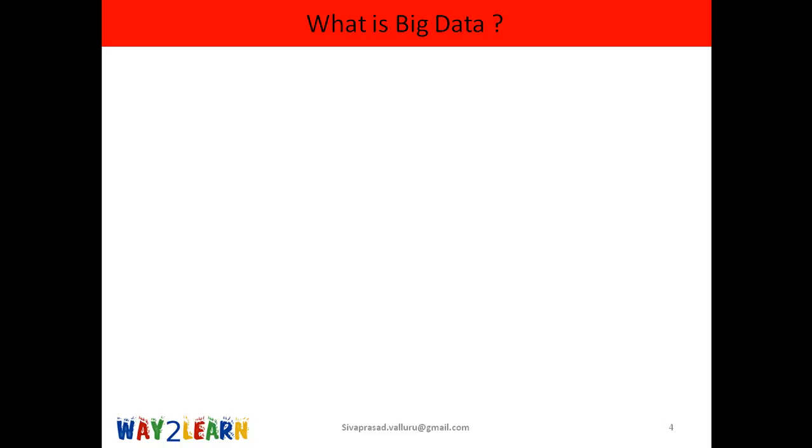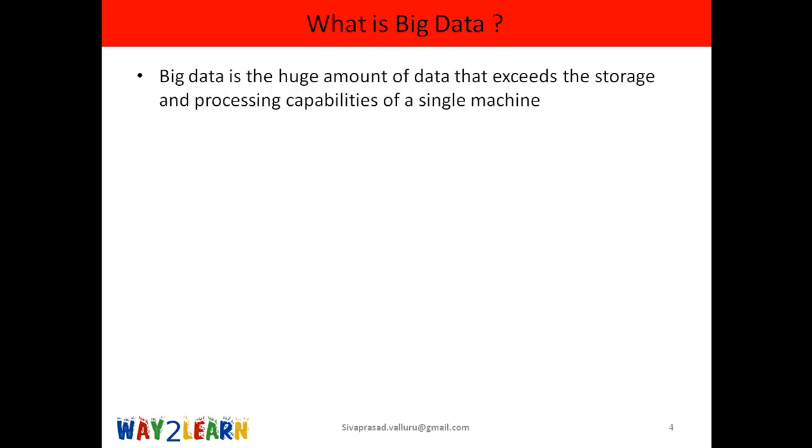What is big data? Big data is nothing but a huge amount of data that exceeds the storage and processing capabilities of a single machine. What do I mean by it? Suppose you have a file of say 100 GB size, will you be able to process the data present in that 100 GB file using a single machine?